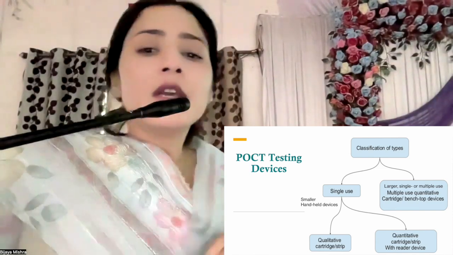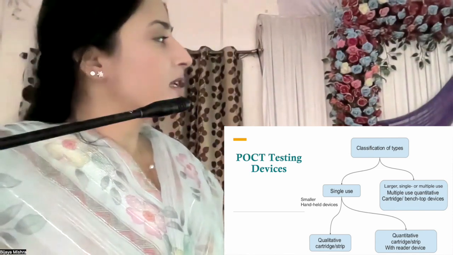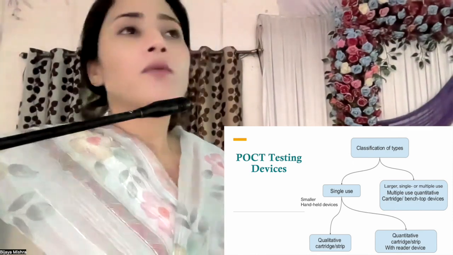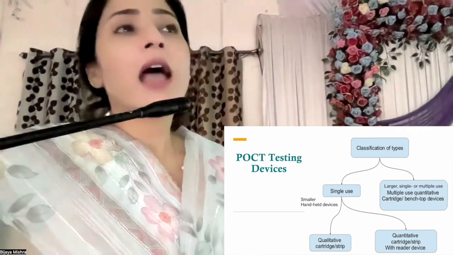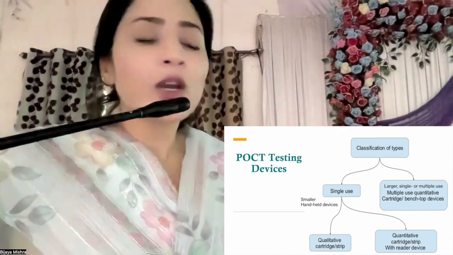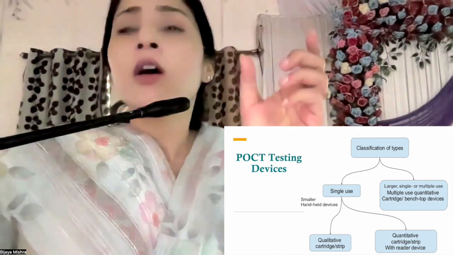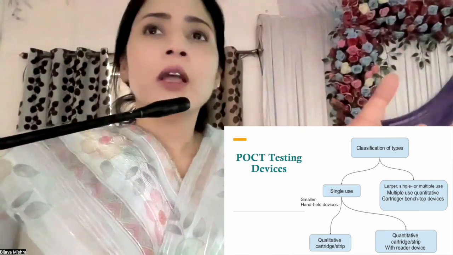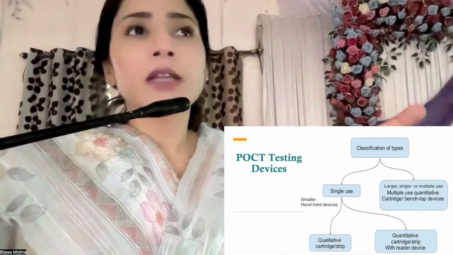And based on the types, we have the single-use POCT device, which is very simple, handheld, and basically qualitative in nature. It is a strip, a cartridge, like the cartridge that we use for the UPT test. It is very simple, and anyone can perform this test anywhere.